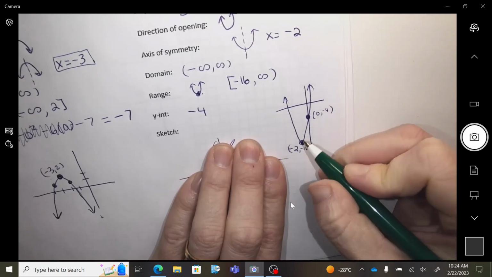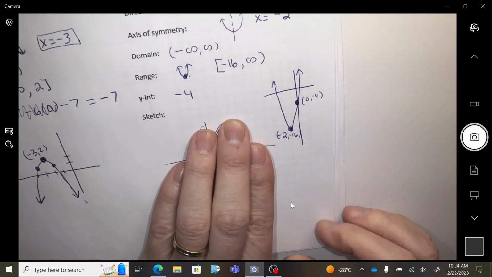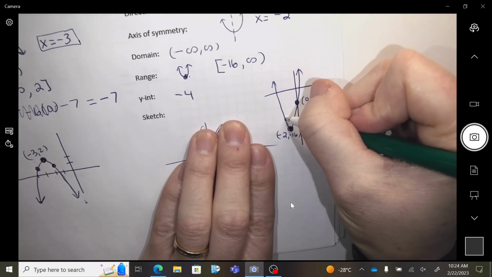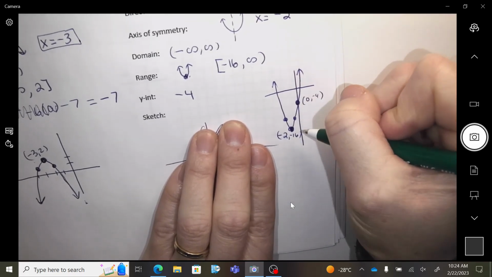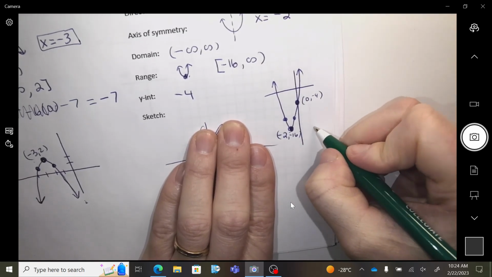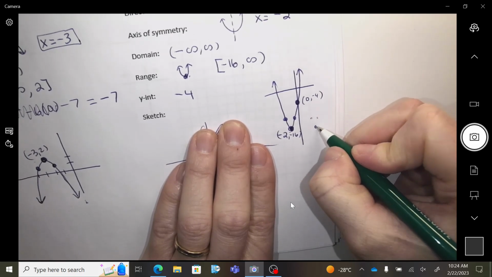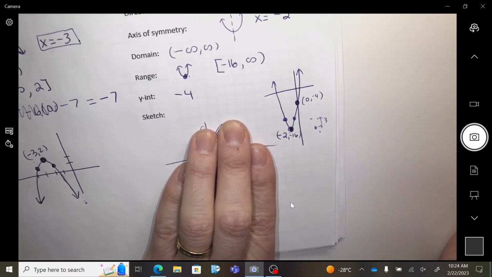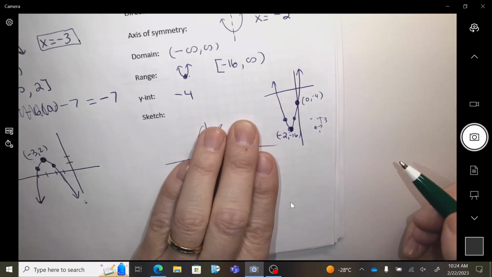And I knew the y-intercept. That's what it would kind of look like. You're a little bit skinnier than normal because you're going to be going 1 over and 3 up, right? Because that slope was 3. So I got a little bit skinnier than normal.